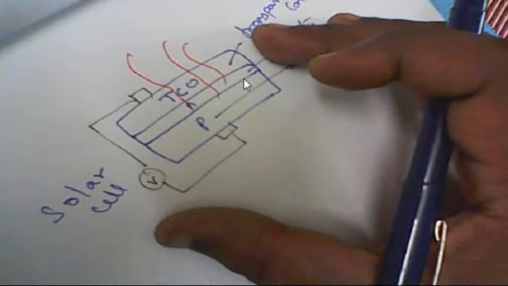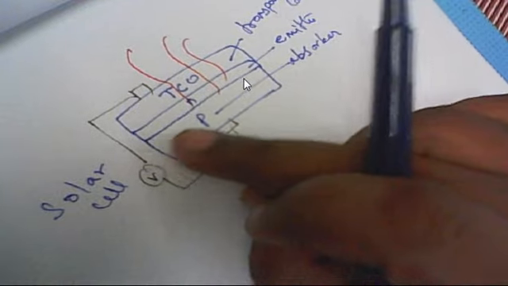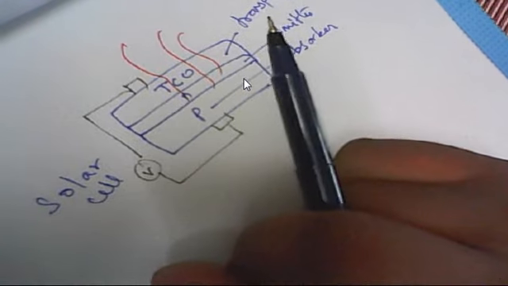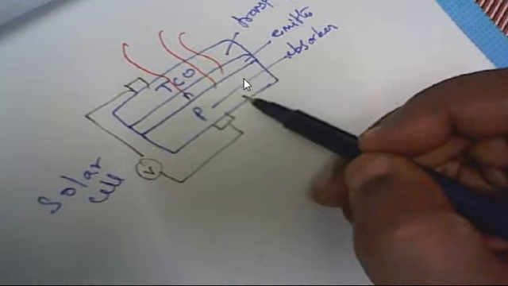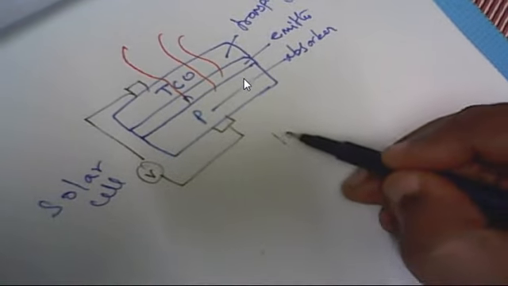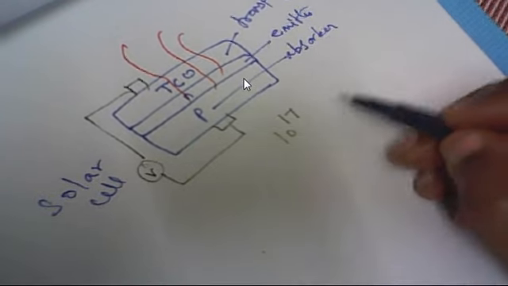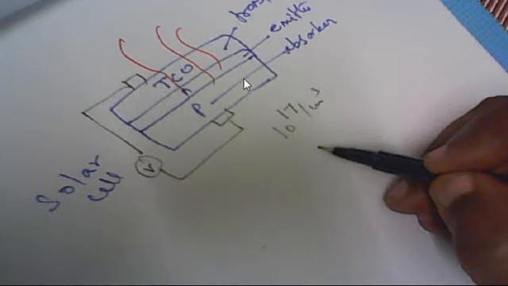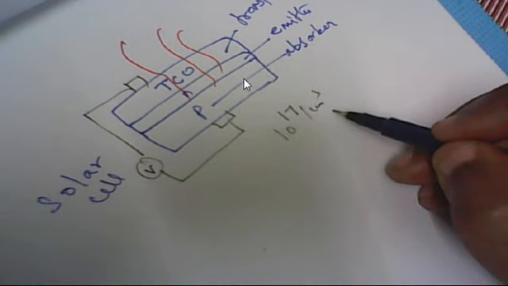So before fabricating a device, we have to understand the basics of the semiconductors here. Usually an absorber layer should have a carrier concentration of 10 power 17 to 10 power 18 per centimeter cube.